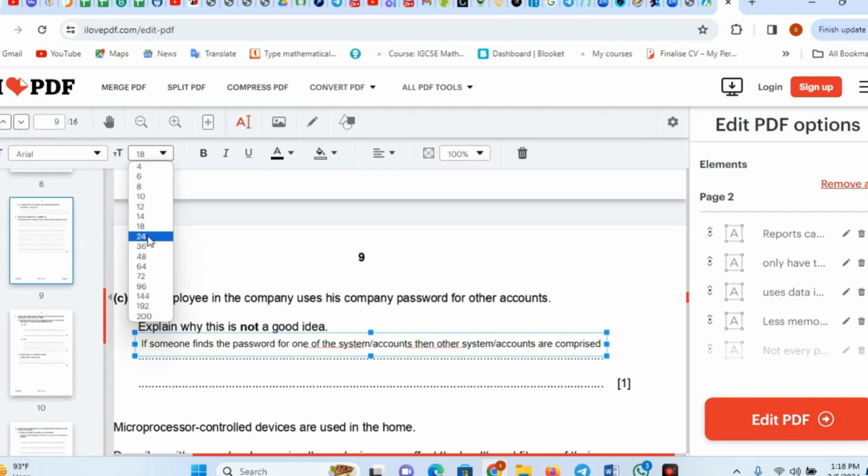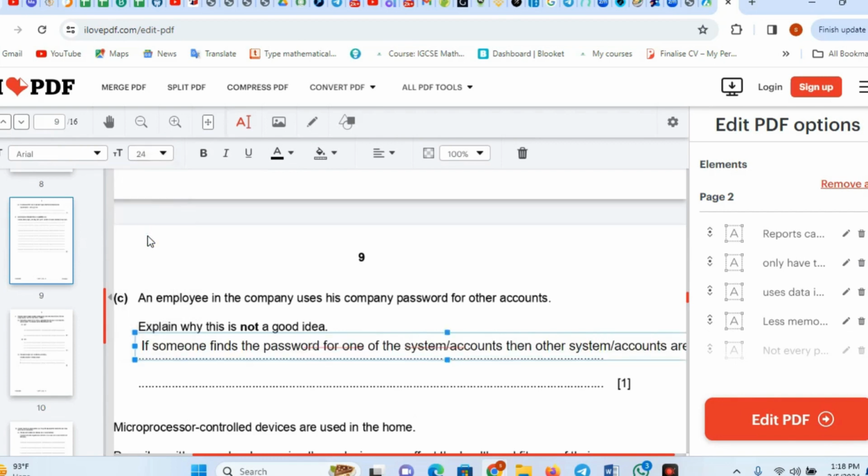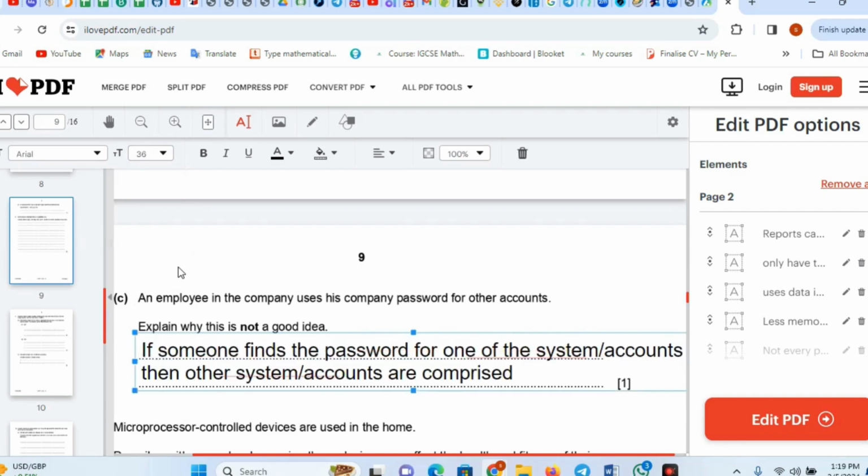But another one that you can put there is if someone finds the password for one of the system, then automatically the person has gained the company's password. So that is the implication. So whenever you are storing anything, always ensure that you don't consistently stay on one.